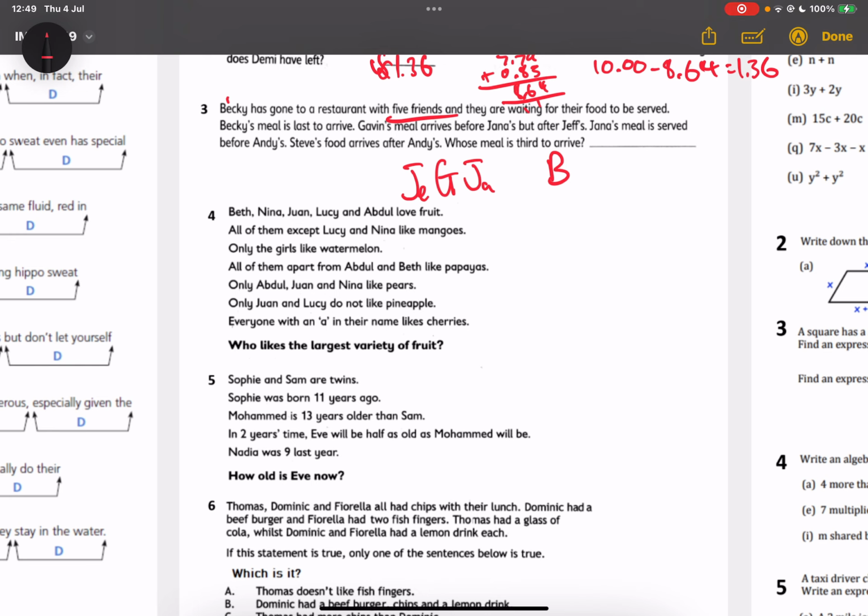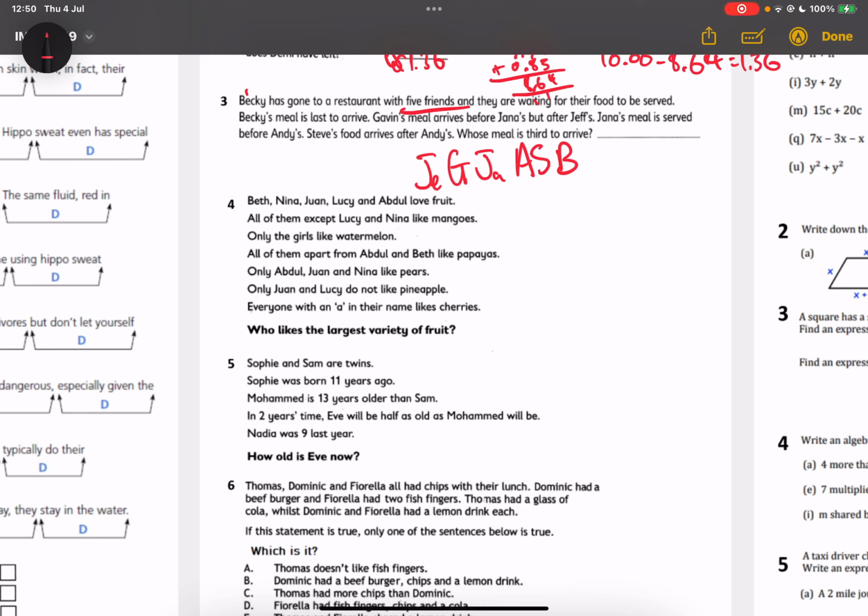Jana's meal is served before Andy's, and Steve's arrives after Andy's. So first is Jeff, then Gavin, then Jana, then Andy, then Steve, and then Becky. With these questions, it really is about writing out what helps you visualize it much more easily. So for 3, this one is going to be Jana.